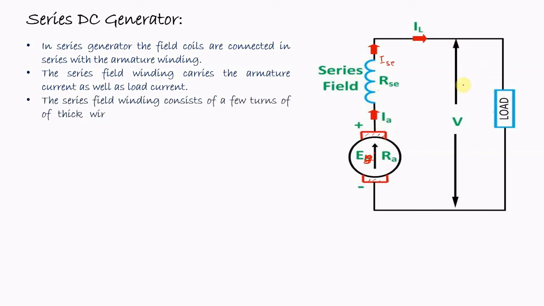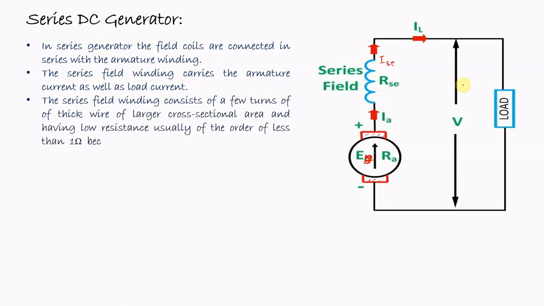The series field winding consists of a few turns of thick wire of larger cross-sectional area and low resistance, usually of the order of less than 1 ohm, because here the armature current has a very large value. As we have seen, the total armature current or the load current is flowing through the field winding. Therefore, the resistance of the field winding should be as low as possible.